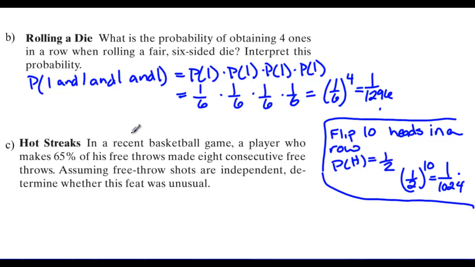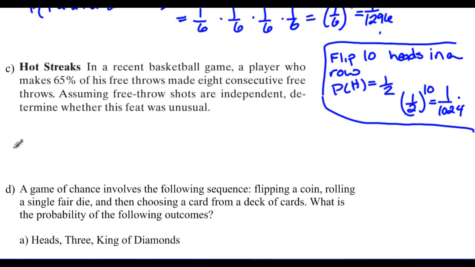All right, let's talk about basketball. So in a recent basketball game, a player who makes 65% of his free throws made 8 consecutive free throws. Assuming free throw shots are independent, determine whether this feat was unusual. So again, he's doing the same thing over and over again. And we know the probability of 1 free throw for this player is 65%, or that's 0.65.